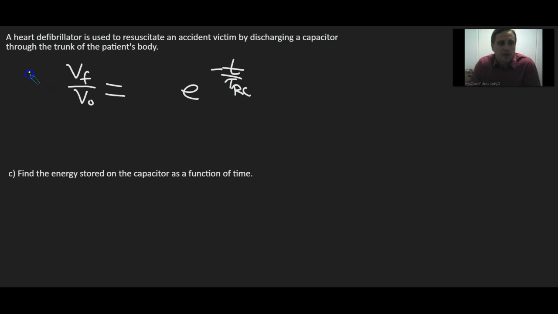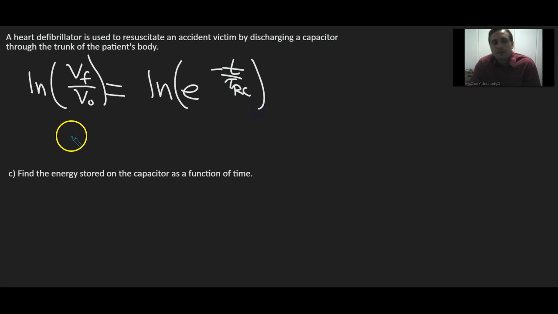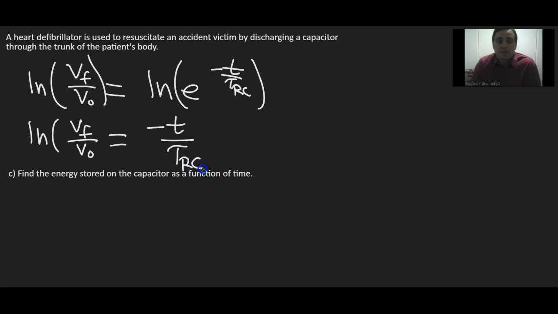So let's do the natural logarithm of this ratio and the natural logarithm of this. The natural logarithm of VF over VO is ln VF over VO. The whole idea is that the natural logarithm of this exponential just gives the exponent because they're inverse functions. So it's minus t over tau RC.